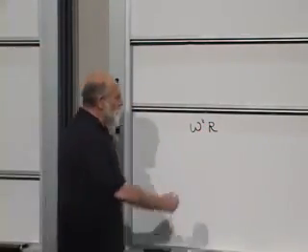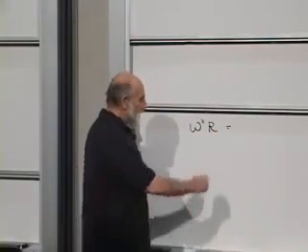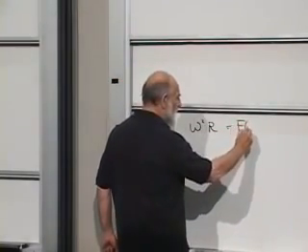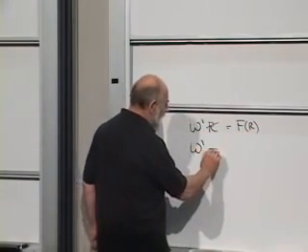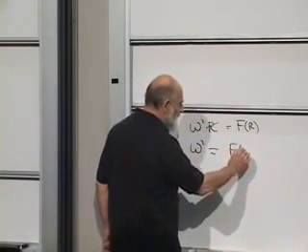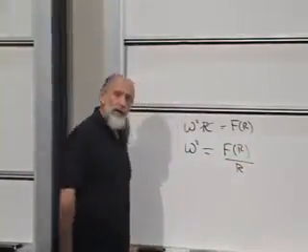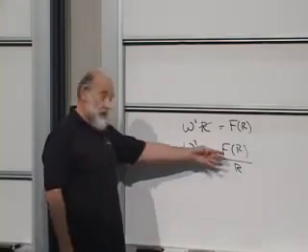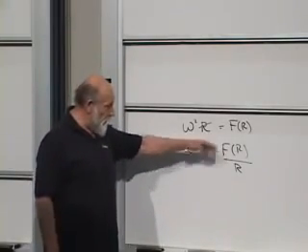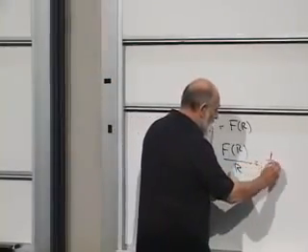Now, supposing he sets that equal to some unknown force law, F of r, and then divides by r, then he finds omega as a function of the radius of the orbit. Okay? Well, let's do it for the real case. For the real case, the inverse square law, F of r is 1 over r squared, so this would be 1 over r cubed.